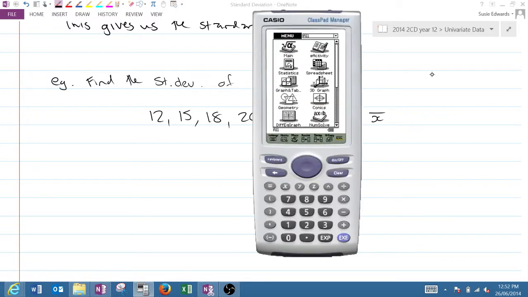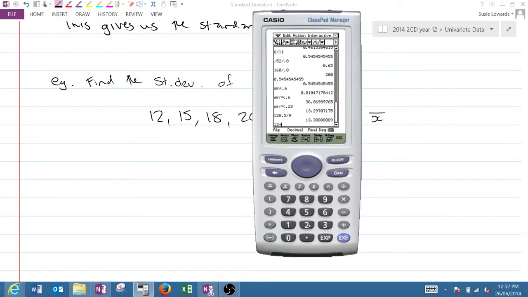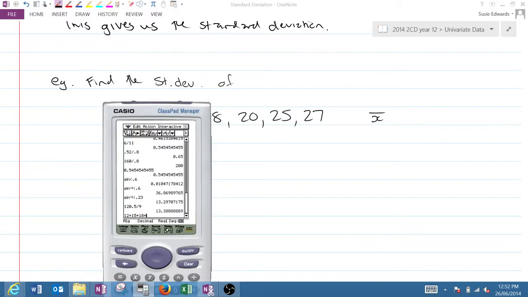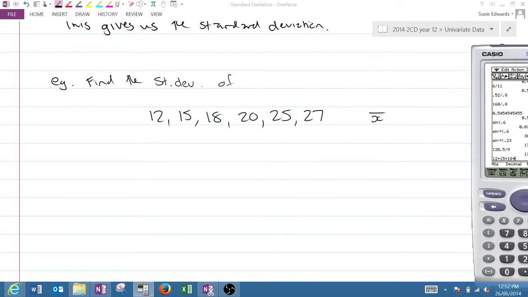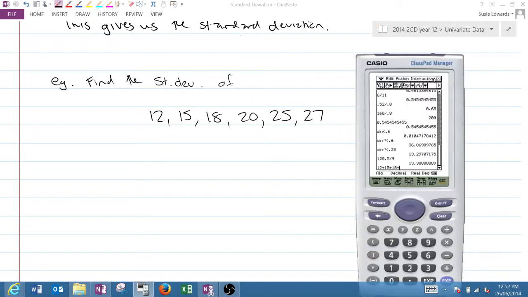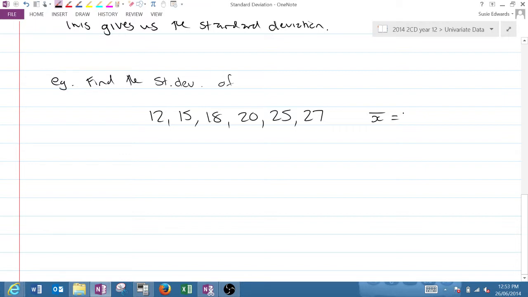In our calculator, we say 12 plus 15 plus 18 plus 20 plus 25 plus 27, all divided by 6, 19.5.